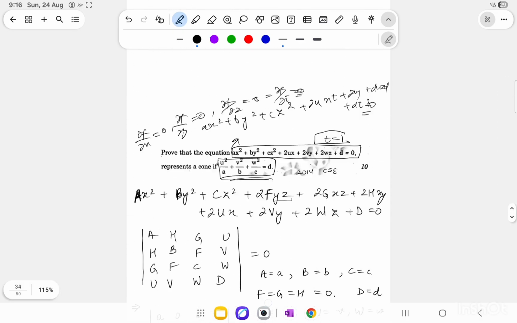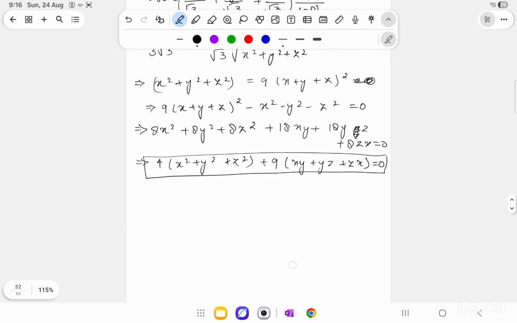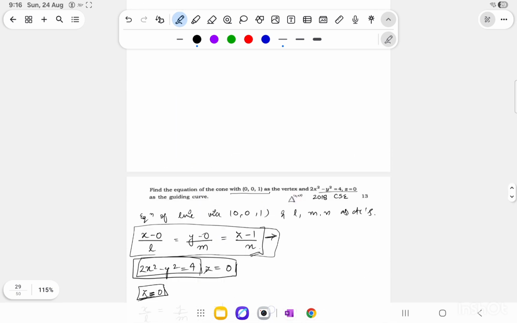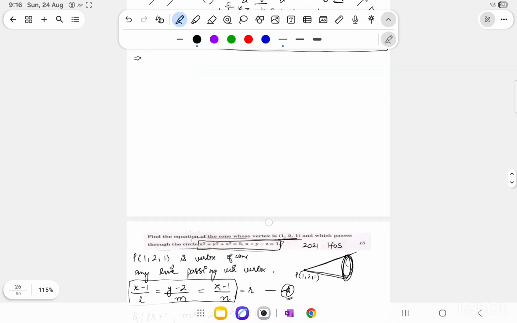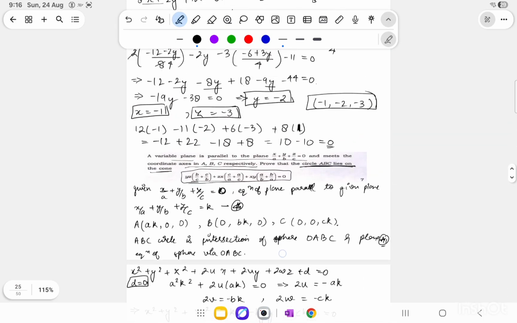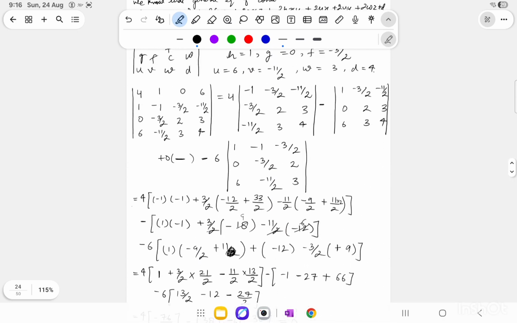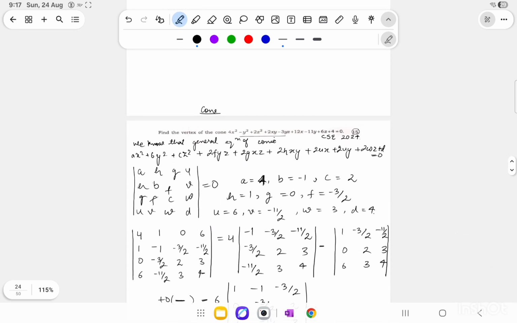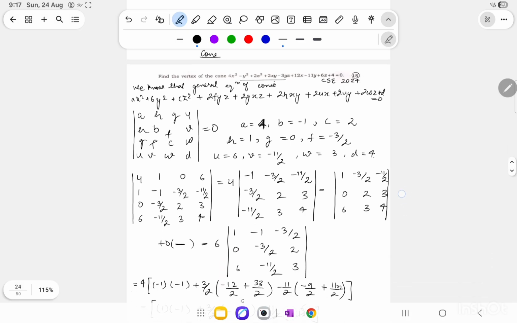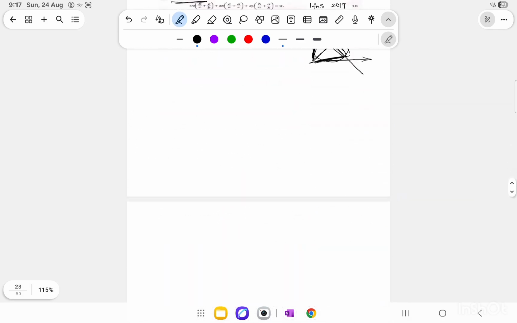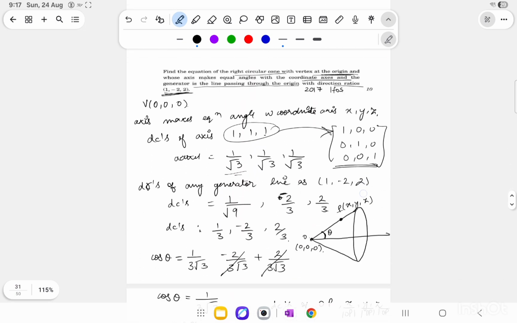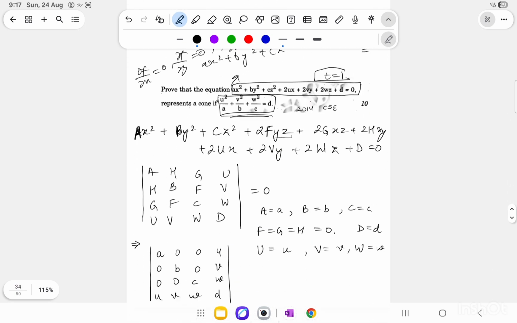Let's check if that's the case, because the values are similar. Not this one. So here the equation of cone is, yeah, this is a similar question, and here they have asked us to find basically the vertex. So that is basically a repeated question. We have done this question earlier, so we can move on to the next question.